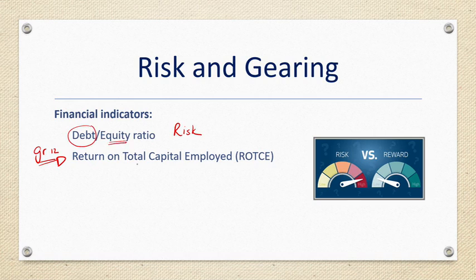While the return on total capital employed, the total capital employed will be your own capital, which is the owner's equity, plus the long-term loans. The return on that is going to be compared to the interest rate on loans. How effectively am I using the borrowed money?